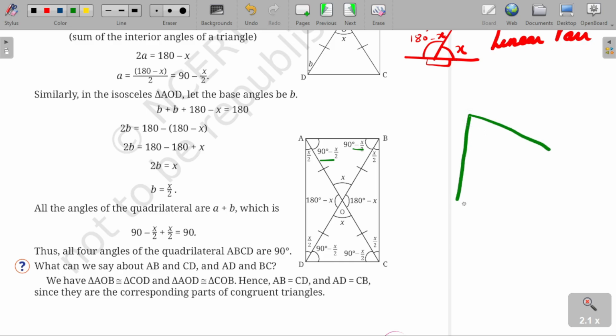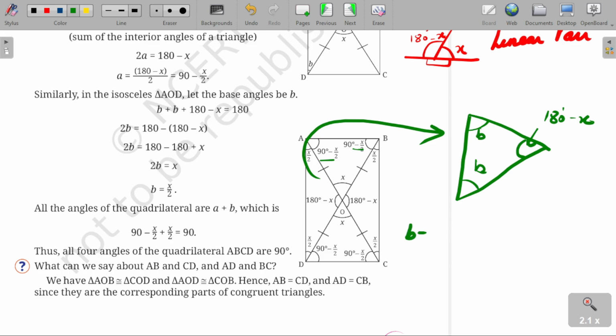This is what? This is 180 degree minus x. Let's take it as B and solve it. Just zooming in on this part. Okay, taken these as B. So B plus B plus 180 degree minus x is equal to 180 degree.